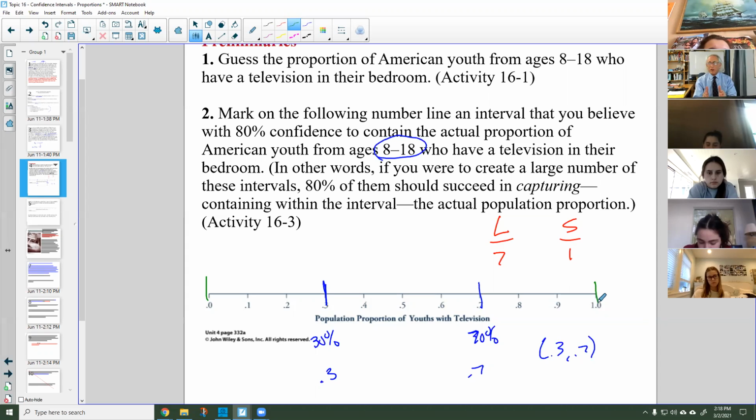And so, Brooklyn, can you see that as a larger interval? And I have more confidence. In other words, I'm giving myself more wiggle room. That's one way of looking at it. If I said that the interval was 0.48 to 0.52, I don't know, man. I don't have a lot of confidence in that.